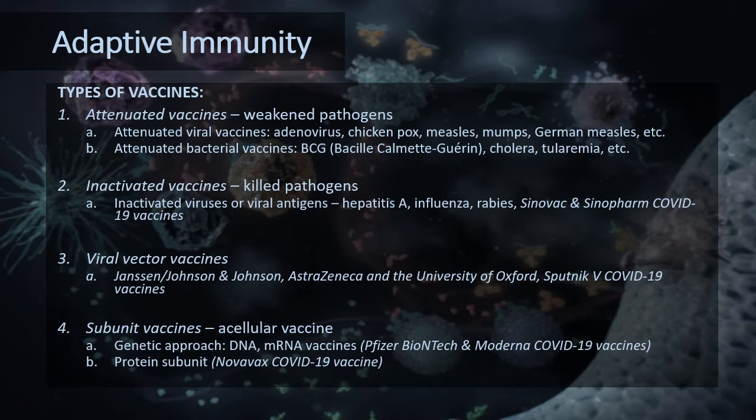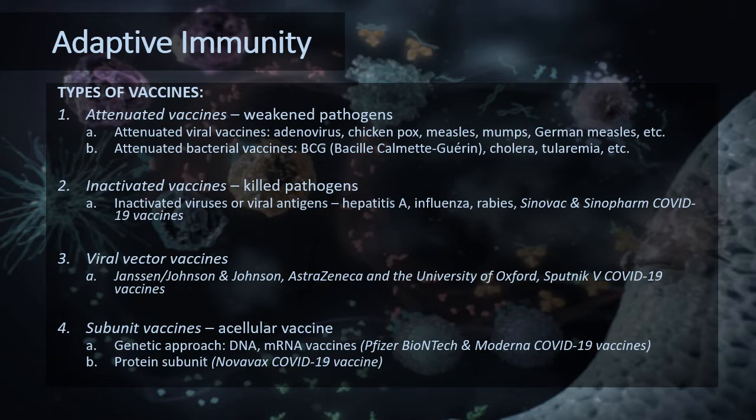Second is the inactivated vaccines, which utilize pathogens that are inactivated through killing by heat or chemicals. So examples are inactivated viruses or viral antigens such as hepatitis A, influenza, rabies, and the Sinovac and Sinopharm COVID-19 vaccines.